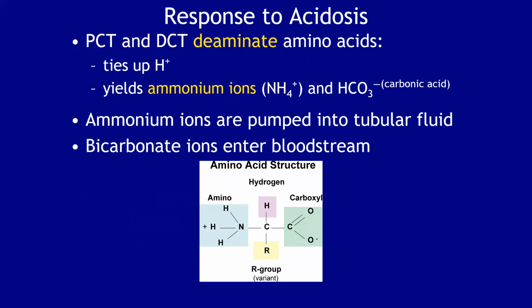If you have a situation where your blood pH is acidic, then the proximal convoluted tubule and the distal convoluted tubule will actually deaminate the amino acids, which will engage and tie up those hydrogen ions, which will allow for the production of ammonium and carbonic acid. When that happens, bicarbonate ions will enter the bloodstream, and it will buffer the blood so that the pH can get back to homeostasis.